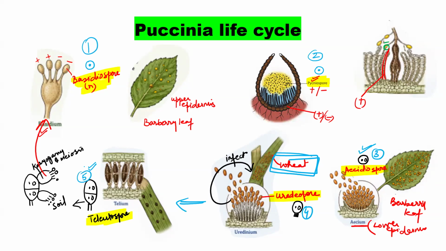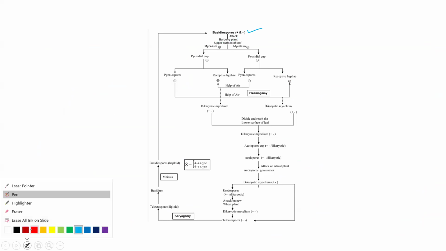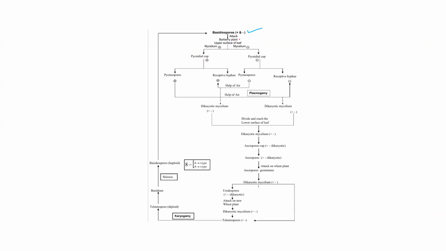Now let me give you a quick revision here also. Try to understand this flow chart. So basidiospore, plus or minus, clear beta, either plus or minus, is infecting the barberry leaf on the upper surface of the leaf. It is producing plus mycelium or minus mycelium. They are making a cup, and the cup is producing pycniospore. Pycniospore plus is producing, minus is producing. Then the receptive beak of plus is fusing with the minus, and the minus receptive beak is fusing with the plus to make dikaryotic mycelium.